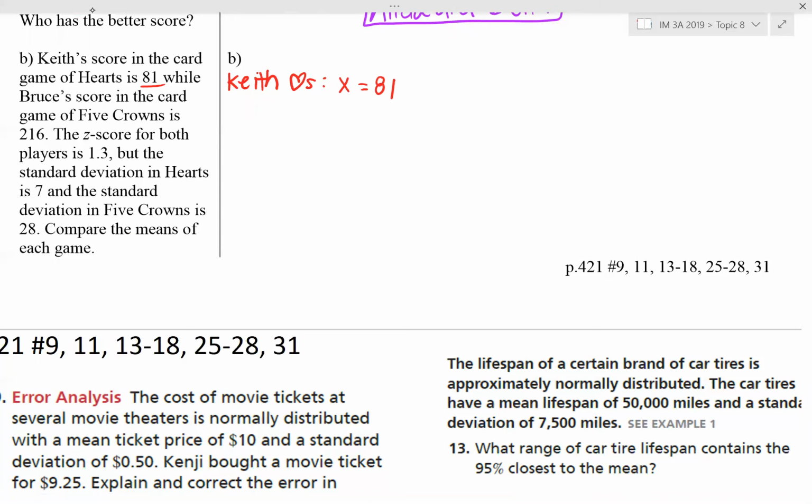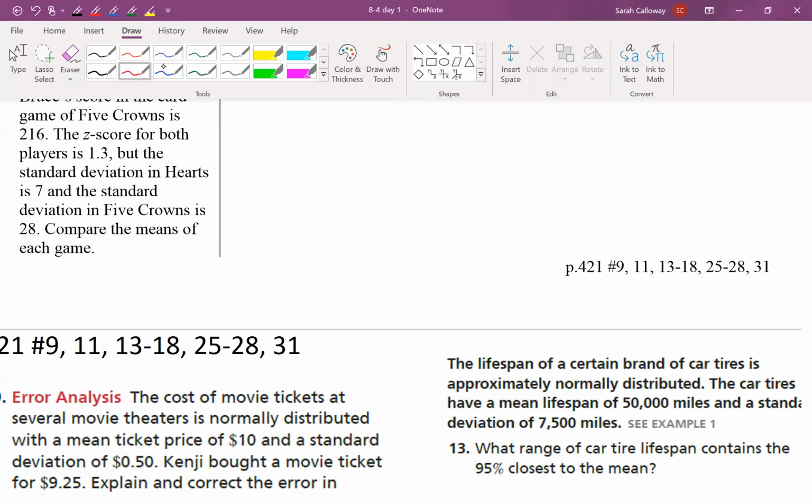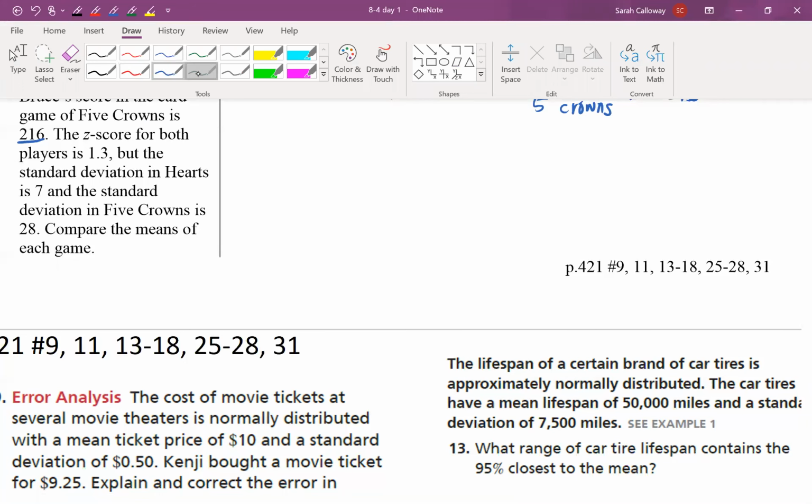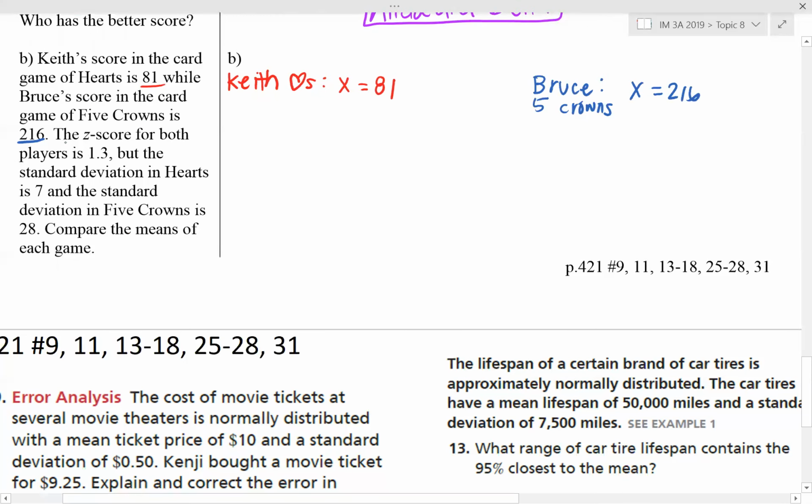And then we have Bruce, who's playing 5 crowns. And his score is 216. So what they're telling us is that they got the same z-score. So the z-score for both players is 1.3.